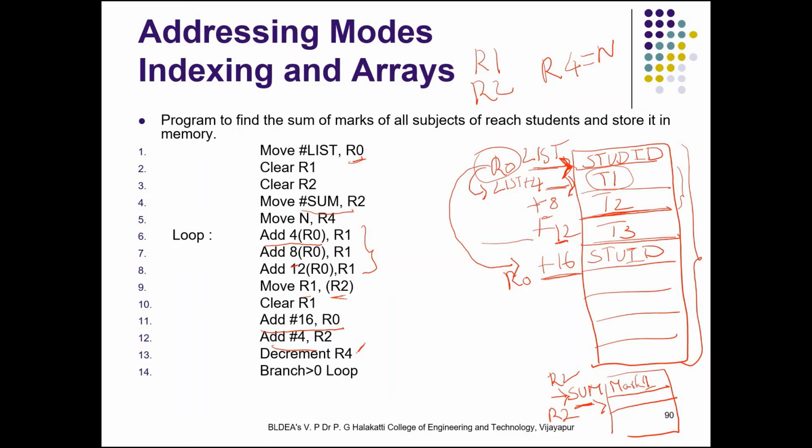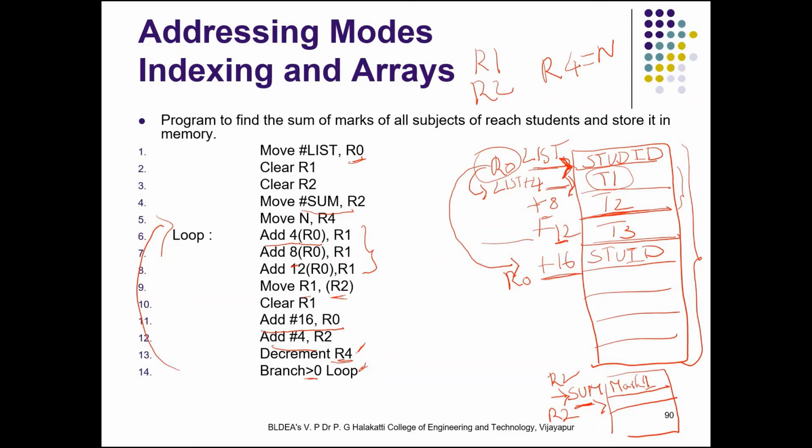Then we check, is the count greater than 0? That is the content of R0 greater than 0? If yes, then go to the label called loop. So it will come here at label loop. Again I am repeating the statements.